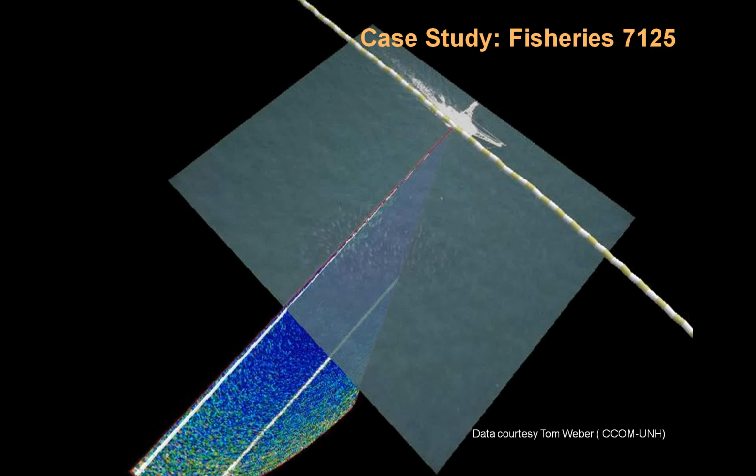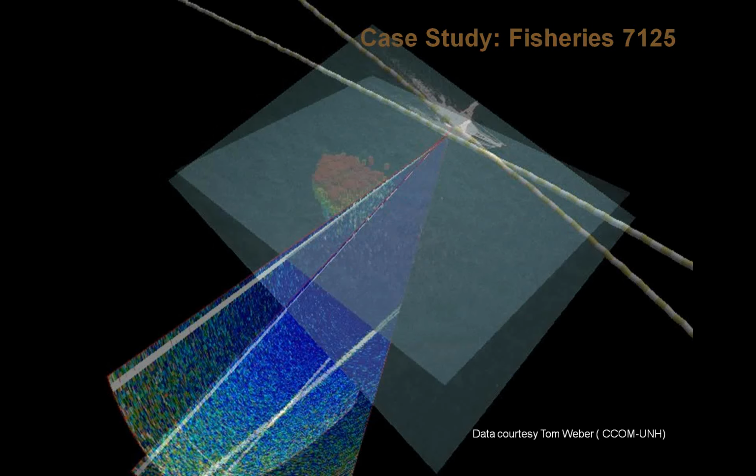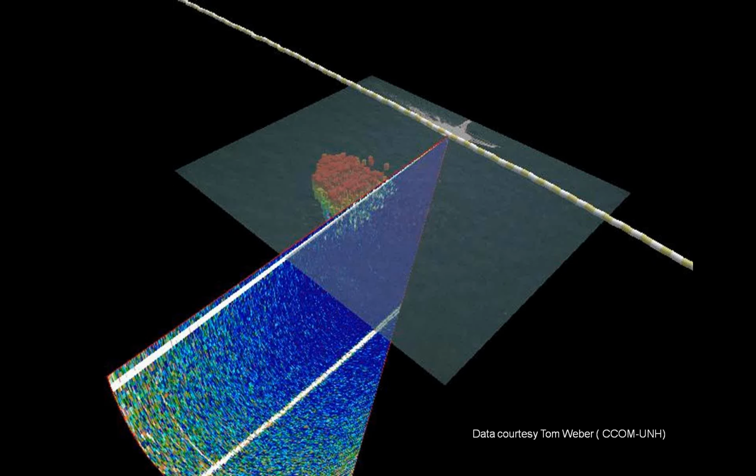There's the vessel with aerial photography overlaid, and you can see the school right here from the surface. They had a spotter plane. And there's the point cloud of the school as time progressed. There's another look at it from behind.